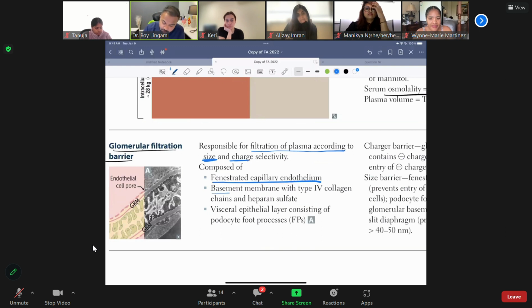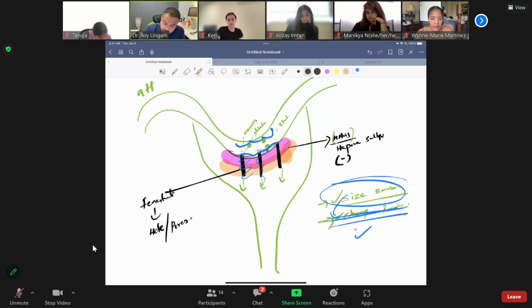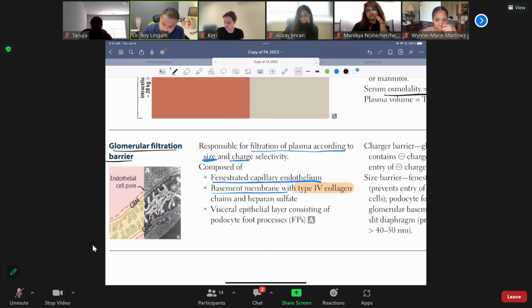Now you have a basement membrane. This is important. You should also write it. It's a type 4 collagen. Basement membrane has type 4 collagen. Here you could say that's your type 4 collagen. And that also has heparan sulfate. You see that here. Heparan sulfate.